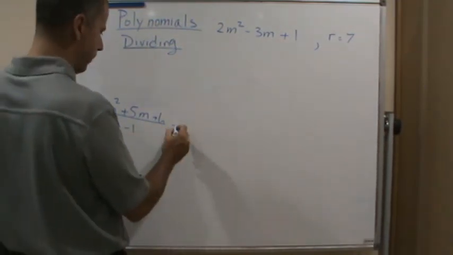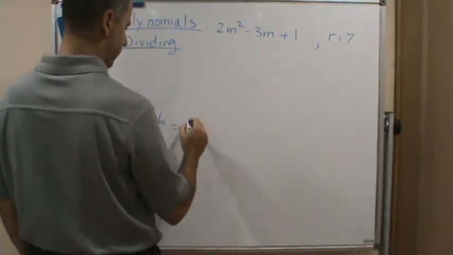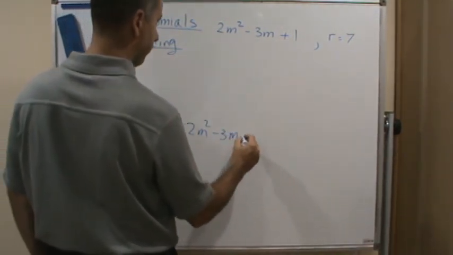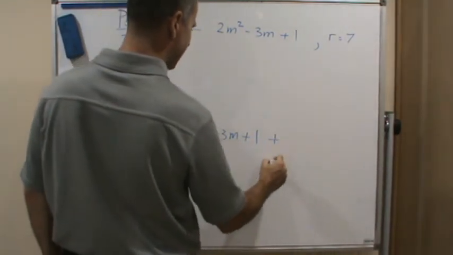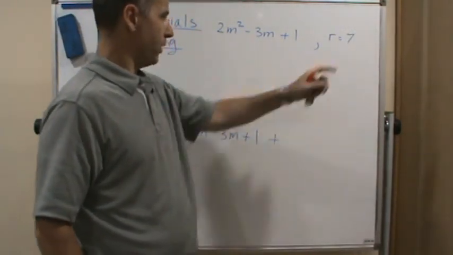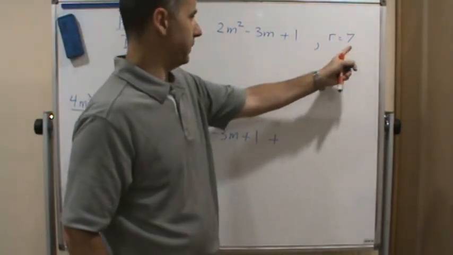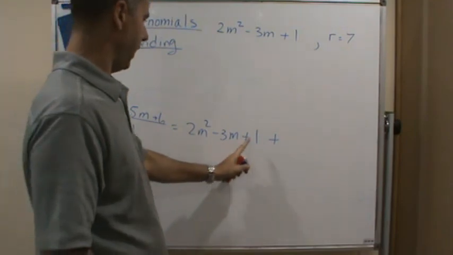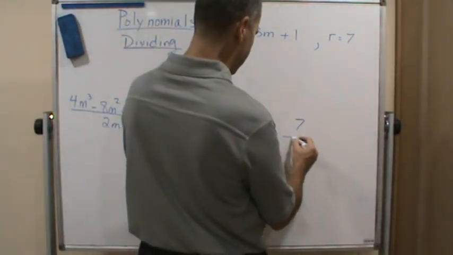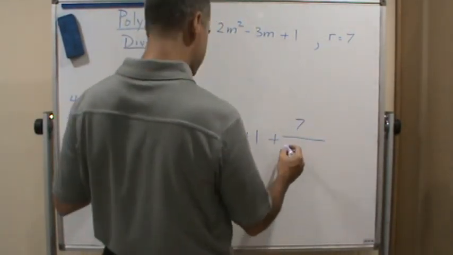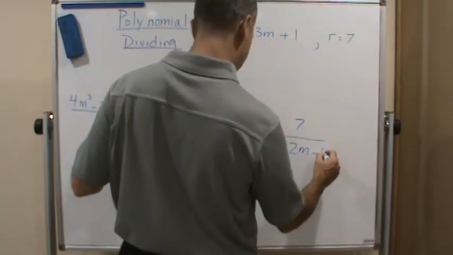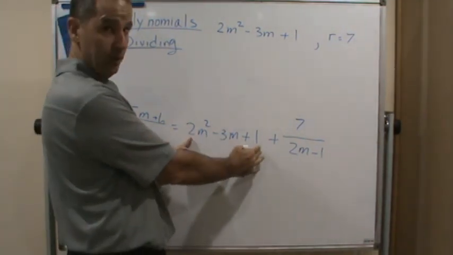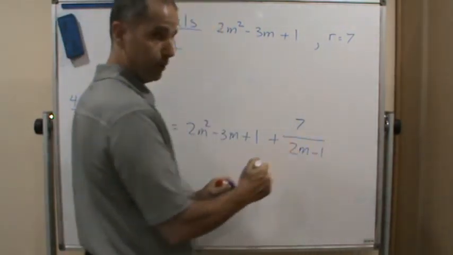Well, when we divided, we got this plus a remainder. Well, the remainder still has to be divided by this. So this divided by this gives us this number plus the remainder divided by the divisor again. So this is 2m minus 1. And so this is our answer. This is our whole number, and this is our fractional part.